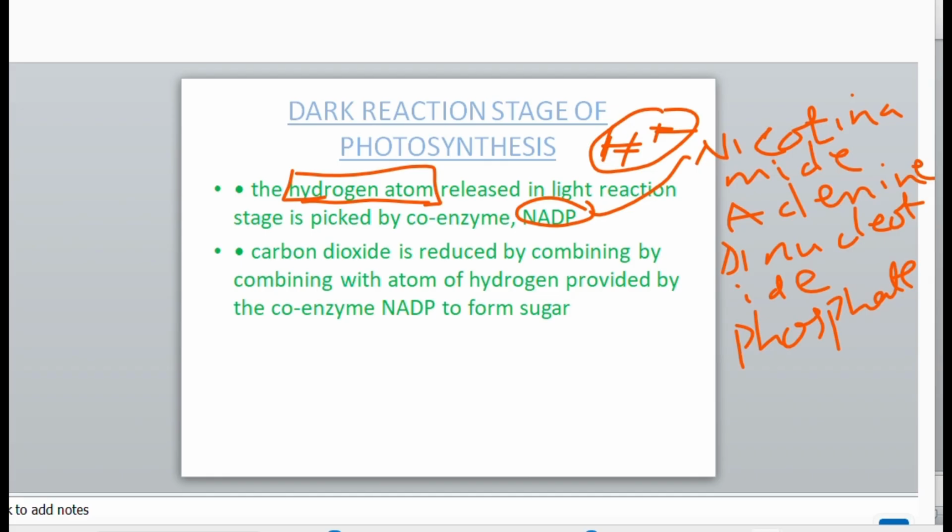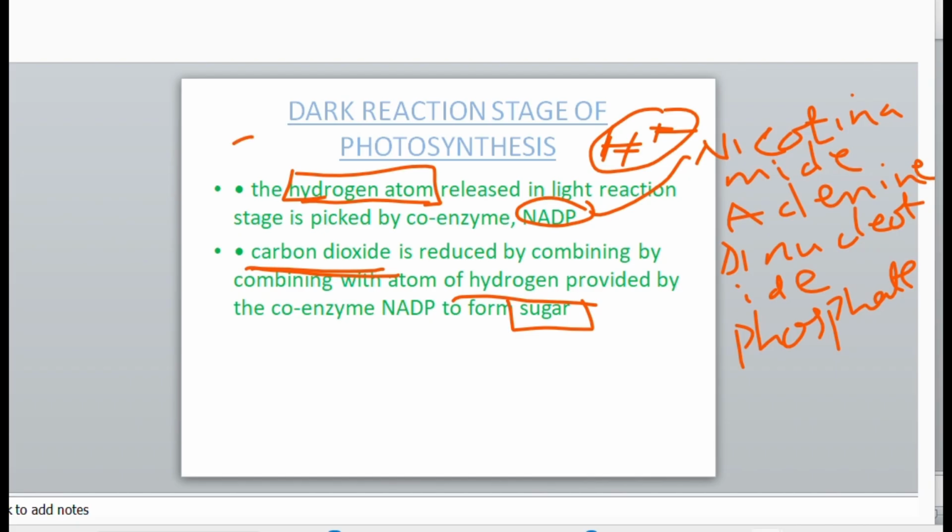When it picks it up, it combines with carbon dioxide to produce sugar, which is the major process of photosynthesis.